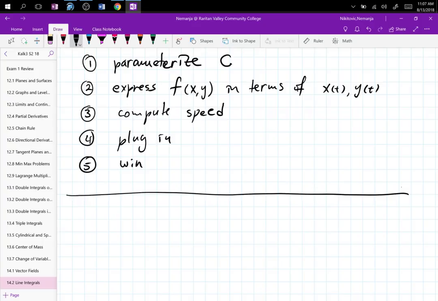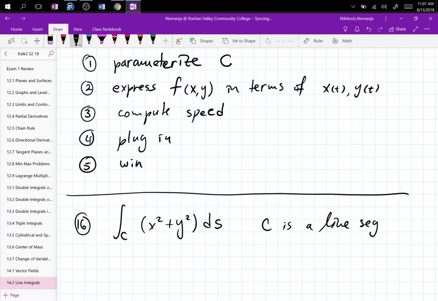Problem 16 says to compute the line integral over C of x squared plus y squared ds, where C is a line segment from (0, 0) to (5, 5).